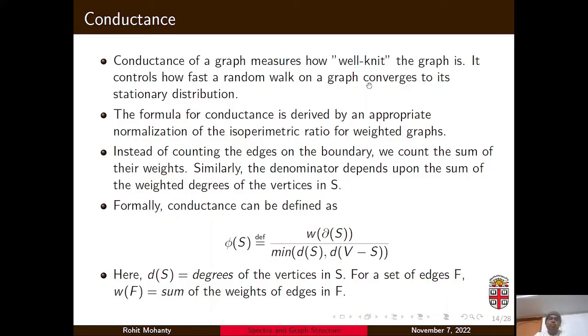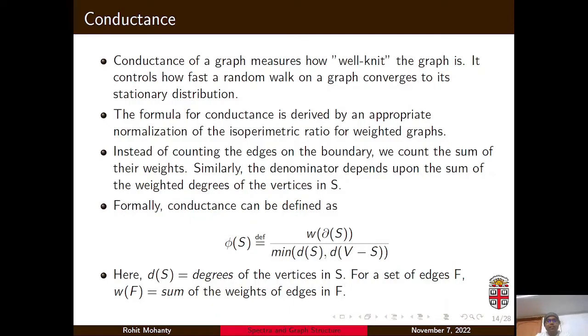Now let's talk about another property of a graph, which is called conductance. Conductance of a graph measures how well knit the graph is. It controls how fast a random walk on a graph converges to its stationary distribution. The formula for conductance is derived by an appropriate normalization of the isoperimetric ratio for weighted graphs.